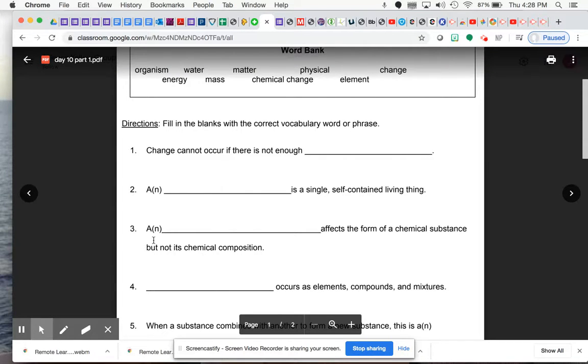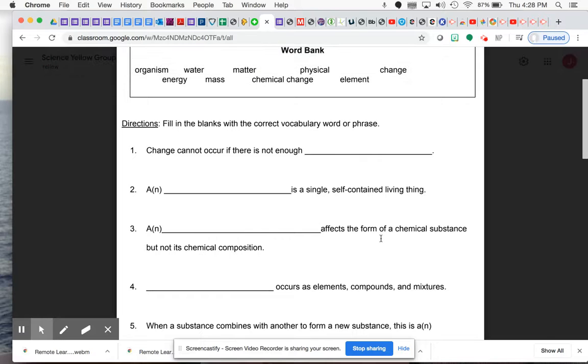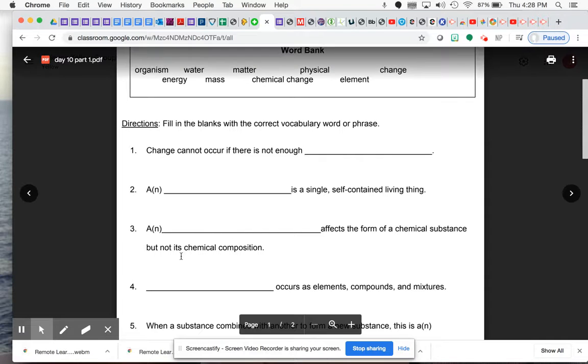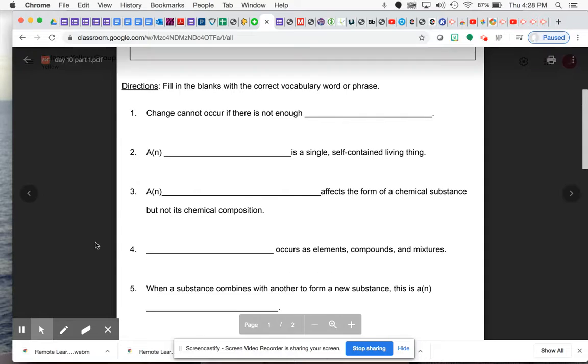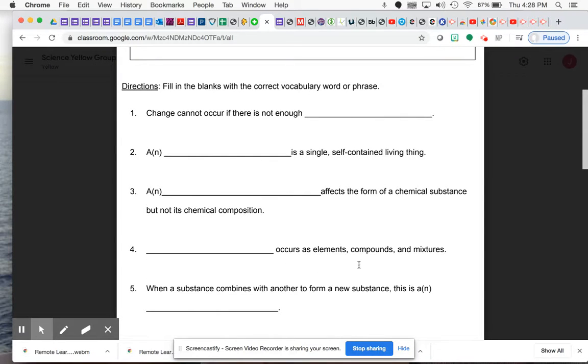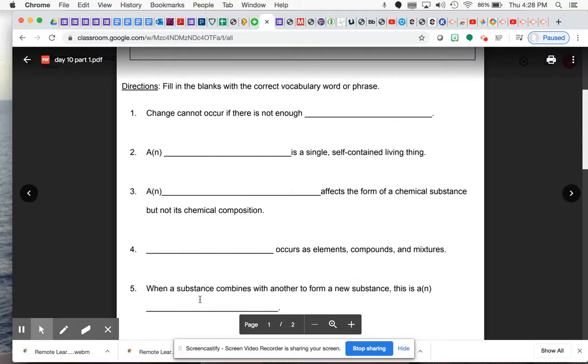Number 3, a blank affects the form of a chemical substance, but not its chemical composition, which means not what it's made up of. Number 4, blank occurs as elements, compounds, and mixtures. And number 5, when a substance combines with another to form a new substance, this is a blank.